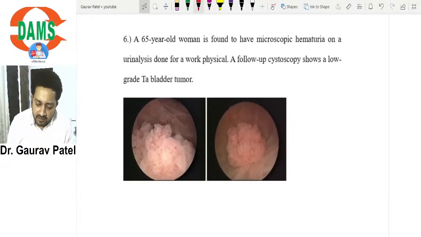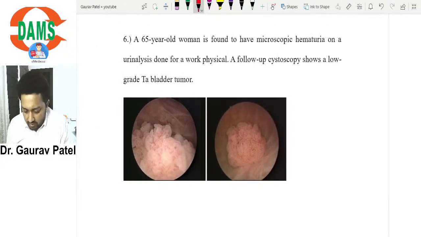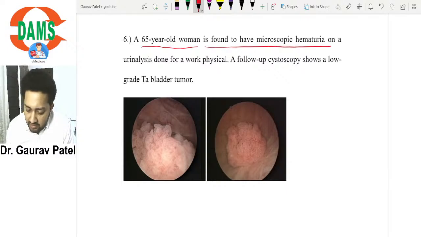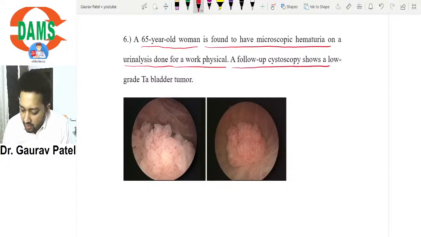Okay, you might find this a bit difficult. A 65-year-old female is found to have microscopic hematuria on urine analysis done for a basic physical workup. A follow-up cystoscopy shows a low-grade Ta bladder tumor.